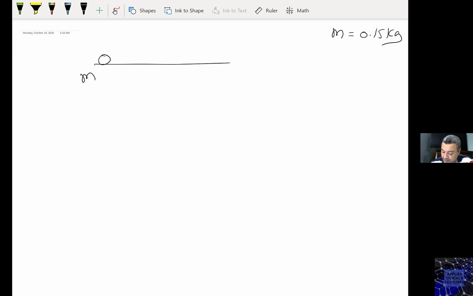And this ball is coming west with a velocity, let me call this one v1, that is 38 meters per second west.